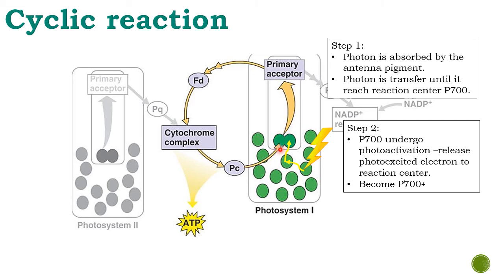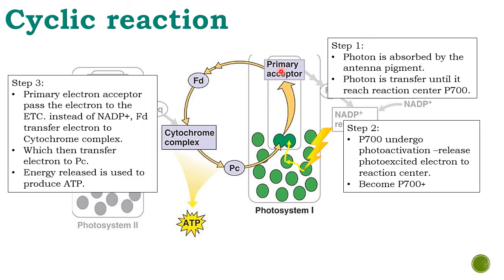As it donates its electron, P700 becomes P700 plus. The primary electron acceptor will then pass the electron to ferredoxin. Instead of NADP+, ferredoxin will transfer the electron to the cytochrome complex. The cytochrome complex then transfers the electron to PC. As the cytochrome complex passes the electron to PC, it will release exergonic energy, and this energy will be used to produce ATP.